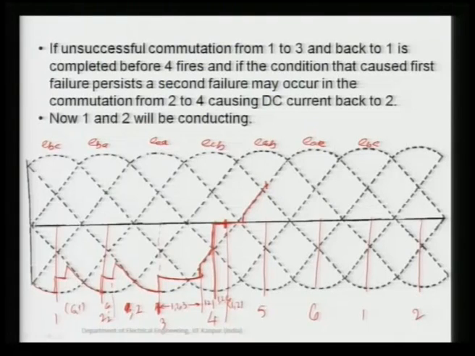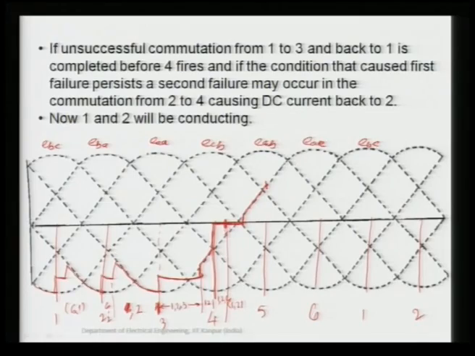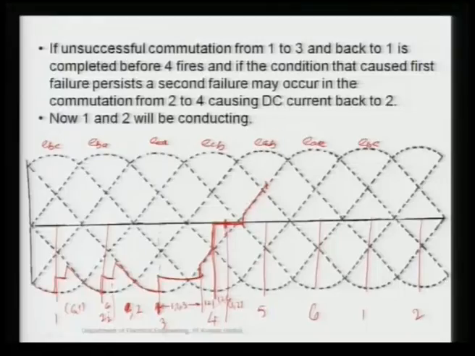We are assuming that this is taking a longer time. As I said, it depends on how many degrees the commutation failure period is. If it is before, then it will come here and then it will follow this EC. No doubt about it. Now this is going to here, and now we are going to fire the 5.